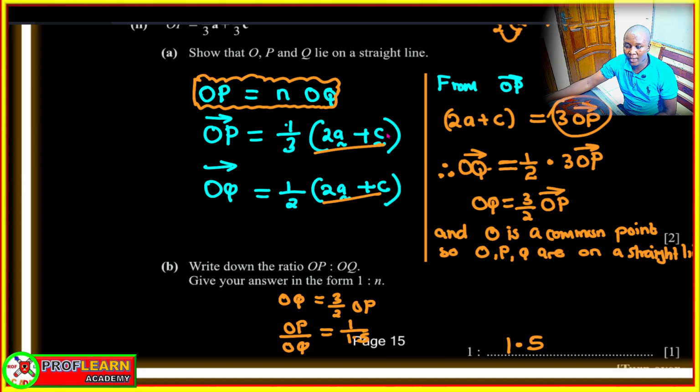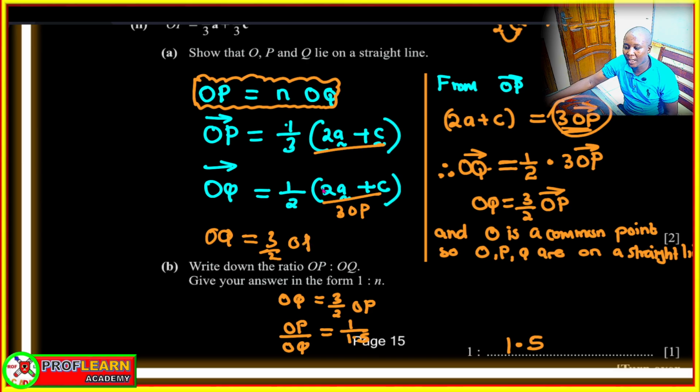Anywhere you have 2a plus c, you can replace with what? 3OP. So here we can say OQ is a half. Instead of writing 2a plus c, we write 3OP. So you can see OQ is 3 over 2 of OP.